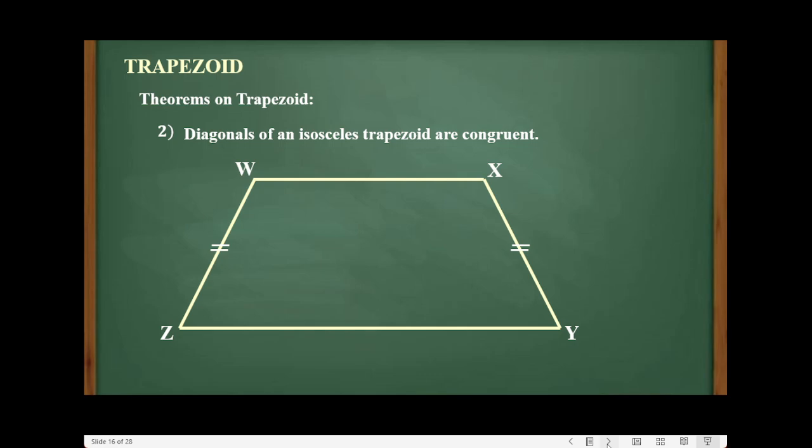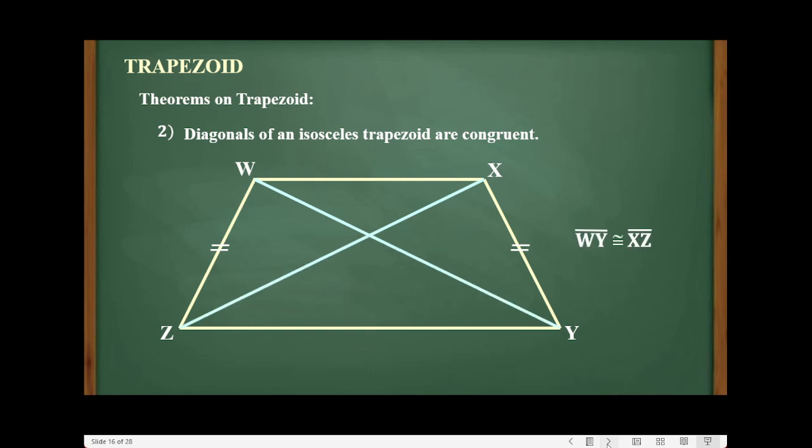We are referring to the same quadrilateral WXYZ, and we're going to consider the two diagonals, segment WY and segment XZ. According to the property, in an isosceles trapezoid the two diagonals are equal in length, or congruent to one another.